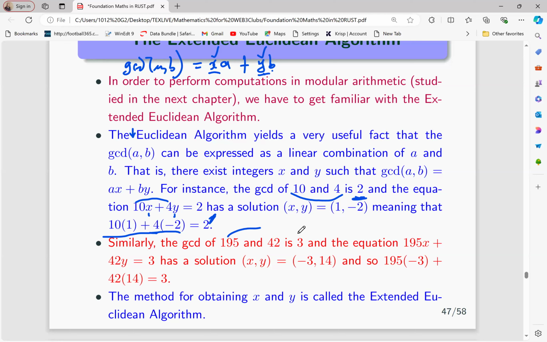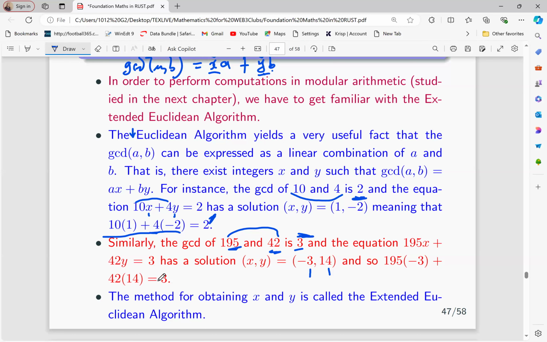Similarly, if I have these two numbers, whose GCD is 3, can I find X and Y so that X times this number plus Y times this number gives me 3? When you do that, you find that X will be -3 and Y will be 14, so that 19 times that plus 42 times that gives us 3.